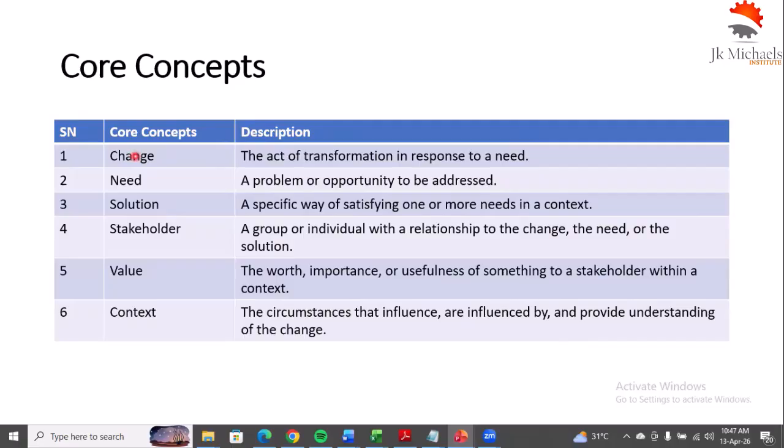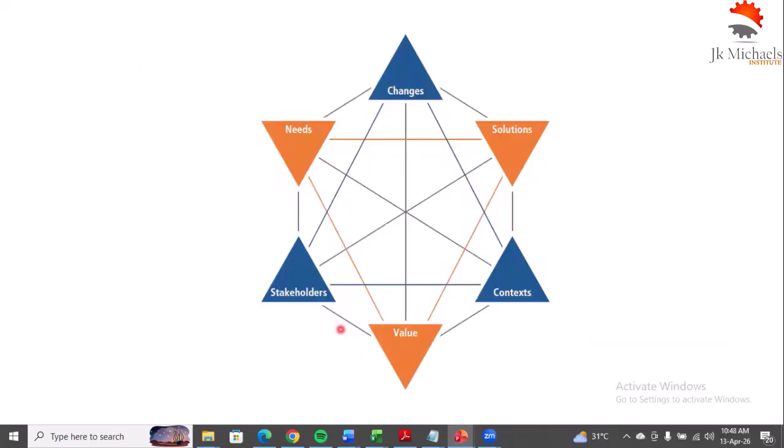That is the situation, the circumstances that necessitated the project in this case to define or design a new product for a changing market, right? So the context influences the change, is influenced by the change, and helps us to understand the change.